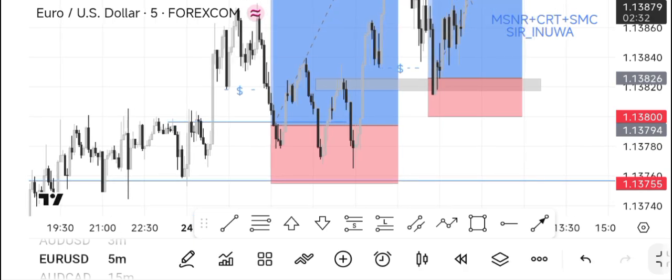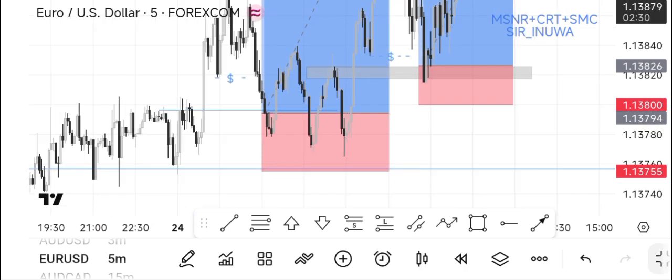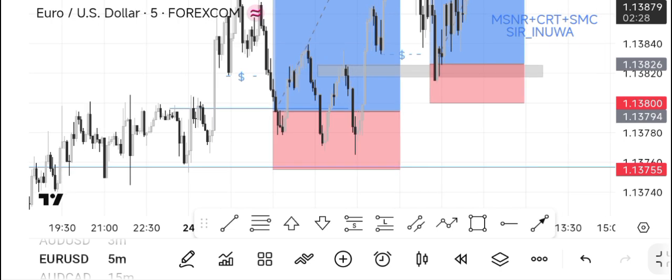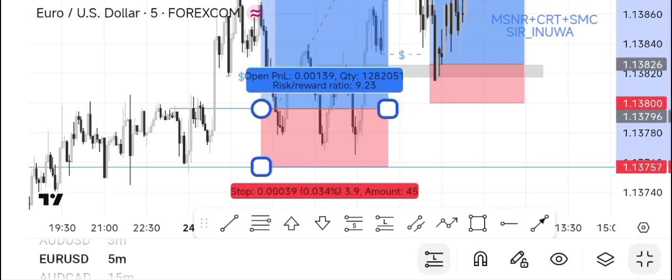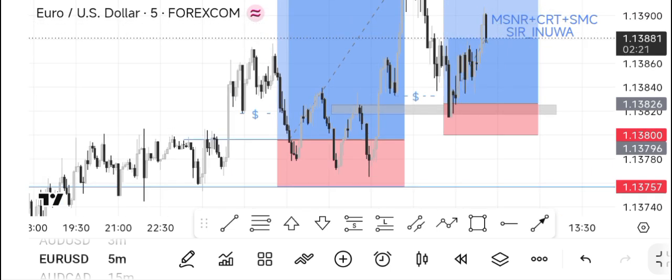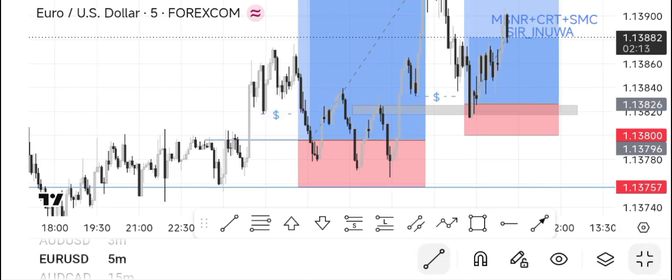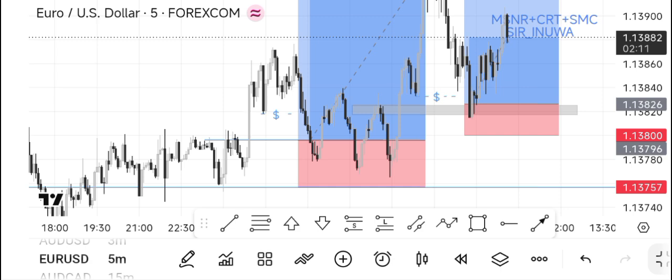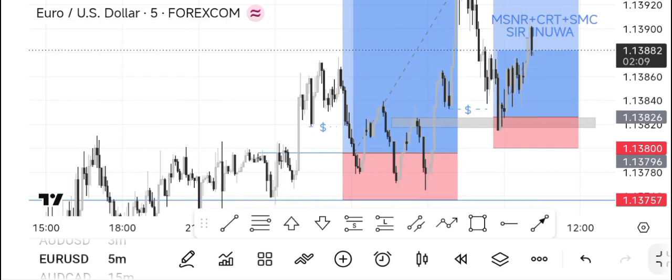Well, no, let me say breaker block. Yeah, that's how I mark this breaker block. And because what gives me that full confidence that the market will use this liquidity is that it's nearest to liquidity.